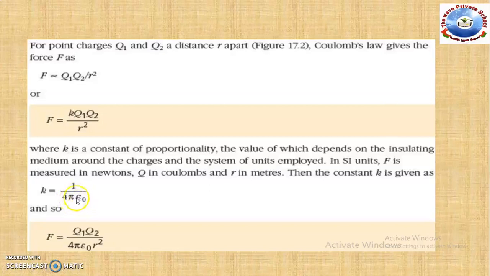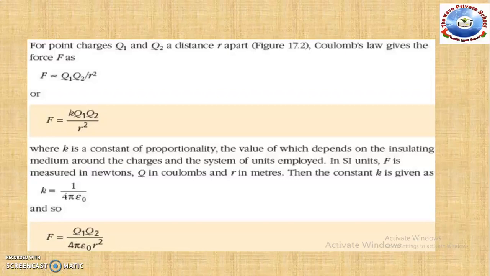So if we put this value into this equation, we get the relation F is equal to Q1 Q2 over 4 pi epsilon naught R square. This is the relation of Coulomb's law: force is proportional to the product of charges and inversely proportional to the square of the distance between them.